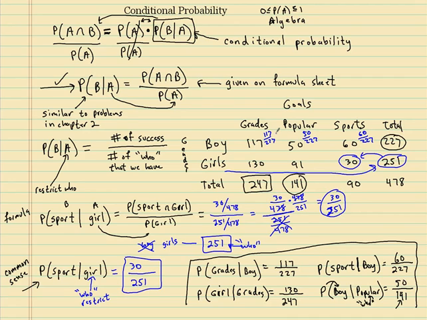One way to think about independence is if this and this and this are about the same, then they're independent, because the boys that signed up for grades, popular, and sports were all about the same. Okay, that would be independence.